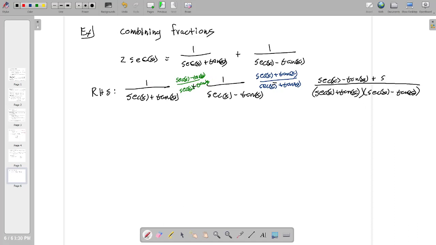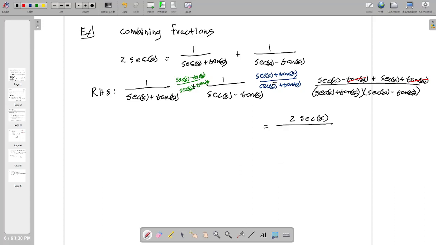Okay, now we can simplify a little bit. We have a negative tangent and a positive tangent. These two cancel. So we end up with 2 secant x on top.